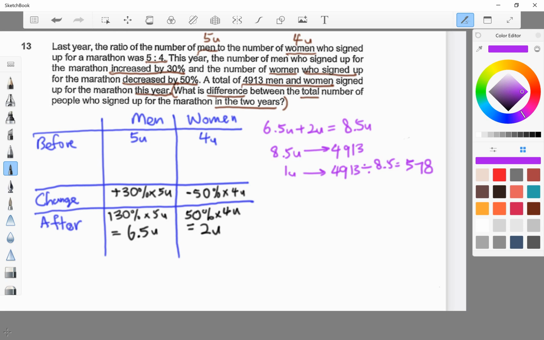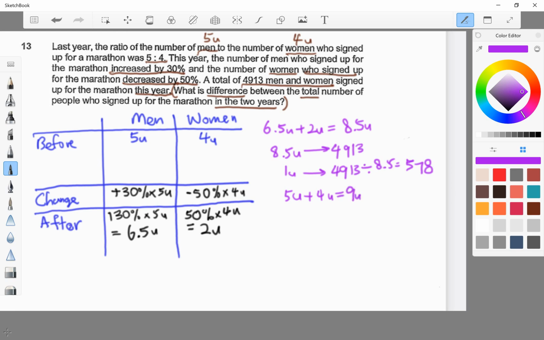Now, the question is asking us what's the difference between the total number of people who signed up for the marathon in the 2 years. So there's actually no need for us to work out 9 units. I can actually take the difference between 9 units and 8.5 units, because I know previously that it was 5 units and I add 4 units to it, this gives me 9 units.